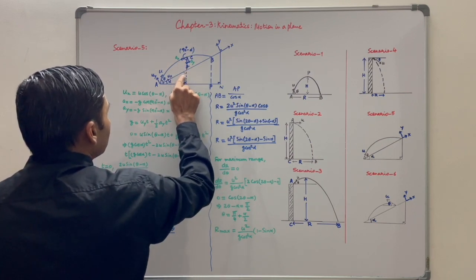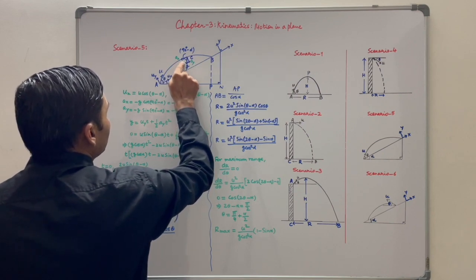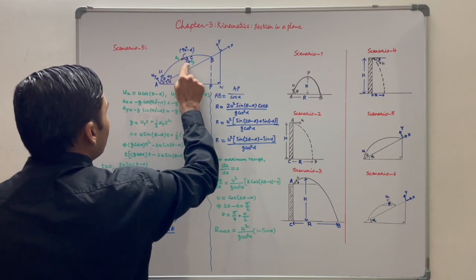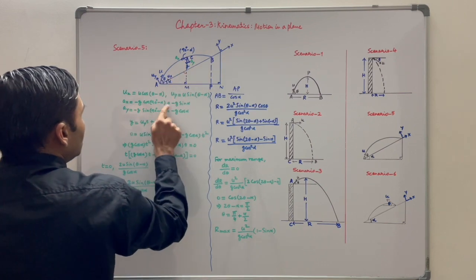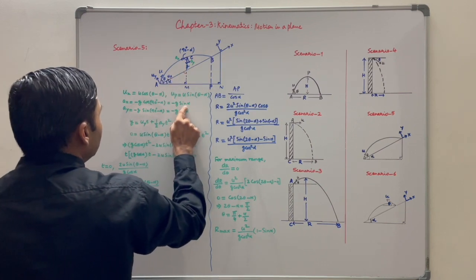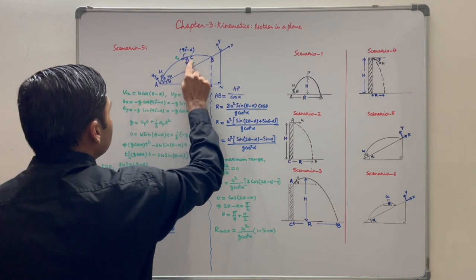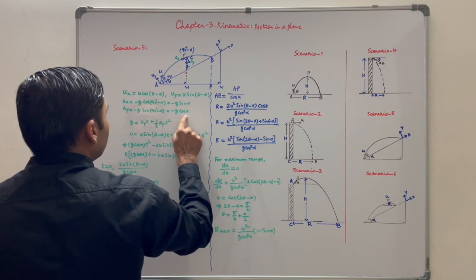This angle is equal to 90 minus alpha, so this angle will also be equal to 90 minus alpha. So Ax is equal to minus g cos 90 minus alpha, that will be equal to minus g sin alpha. Similarly, Ay is equal to minus g sin 90 minus alpha, that will be equal to minus g cos alpha.